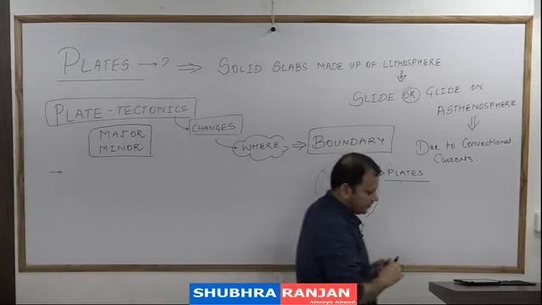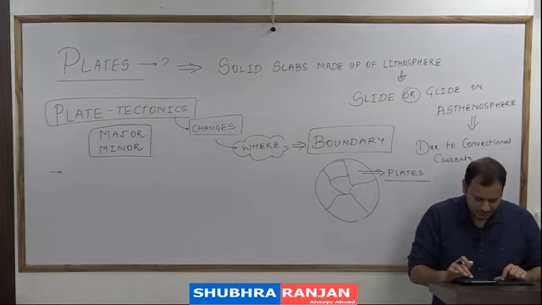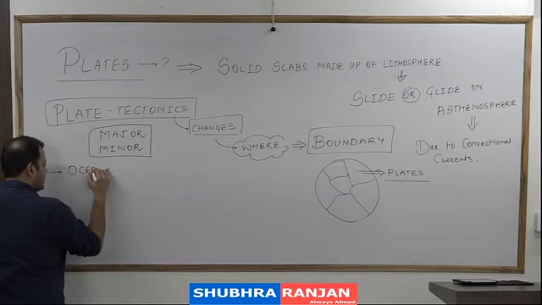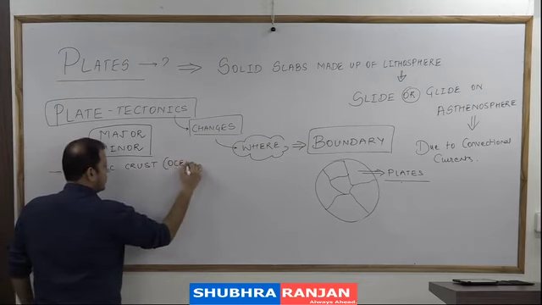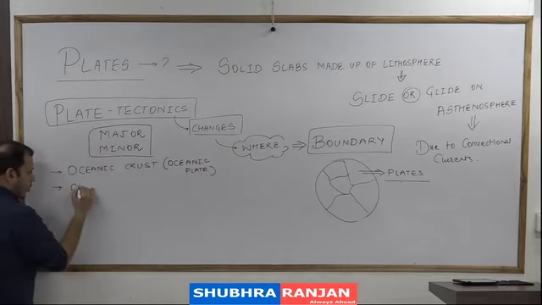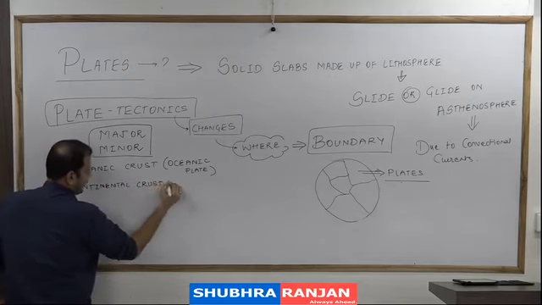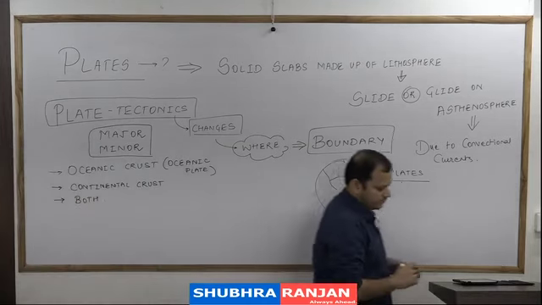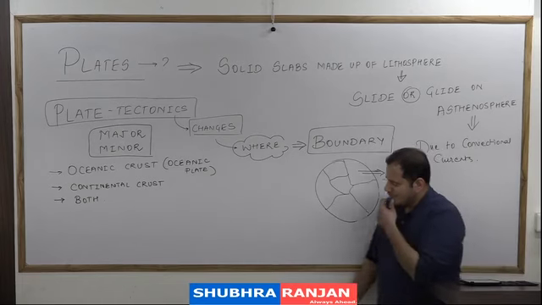A plate can be made up of oceanic crust, in brackets oceanic plate, continental crust, continental plate, or both oceanic and continental crust.